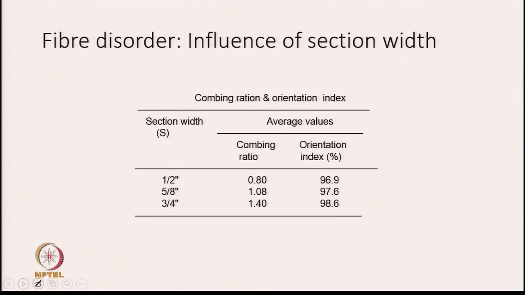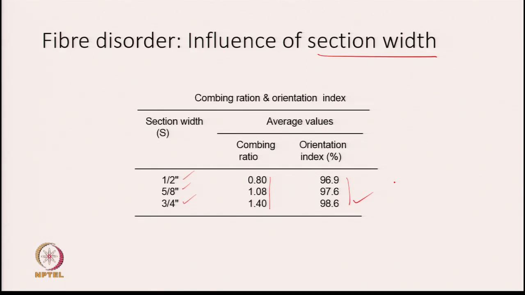Some values of fiber disorder and orientation, like say in this case, show what the influence of section width or section length S is. As the section width increased from half an inch to 5/8 of an inch to 6/8 of an inch, we see the combing ratio keeps increasing, and orientation also keeps on increasing.